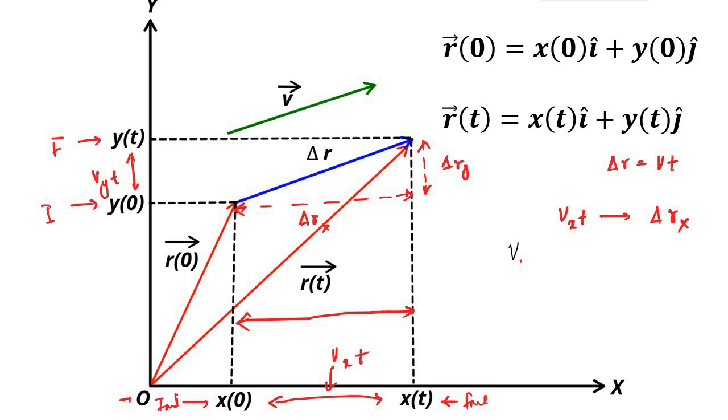Similarly, vyt is the component of the displacement along the y-axis, or the change in position along the y-axis, as the object moved from the initial point to the final point.